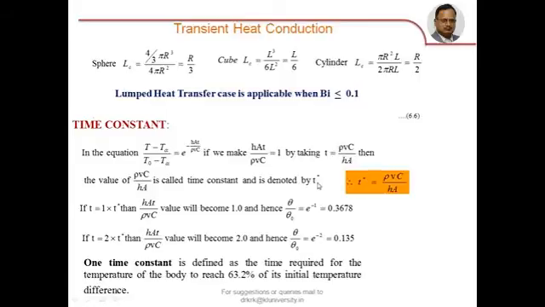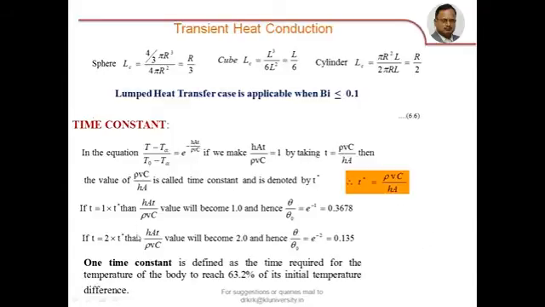So if t is equal to, carefully follow, if t is equal to 1 time constant t star, that means if time t is equal to 1 times rho V C by hA, then this power becomes e power minus 1.